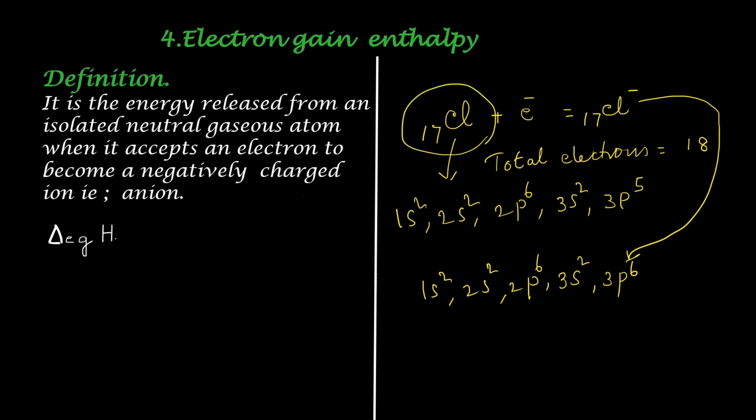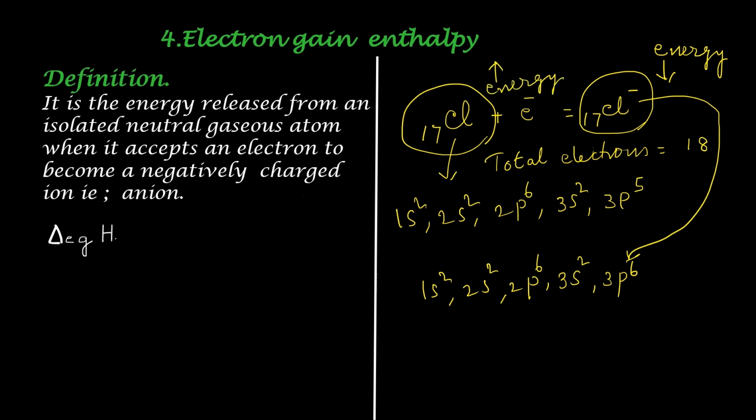During this process, the chlorine atom loses energy. Chlorine atom has more energy, chloride ion has less energy. This difference in the energy is released as electron gain enthalpy. I hope you have understood.